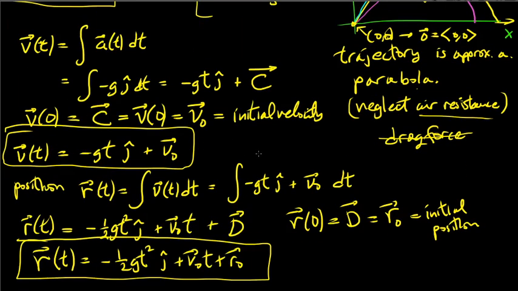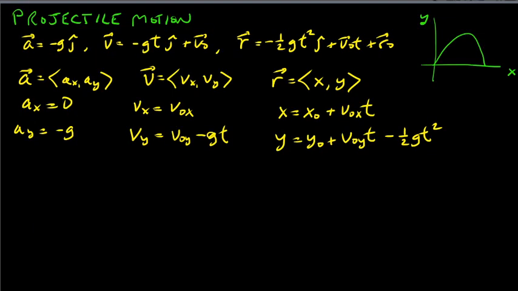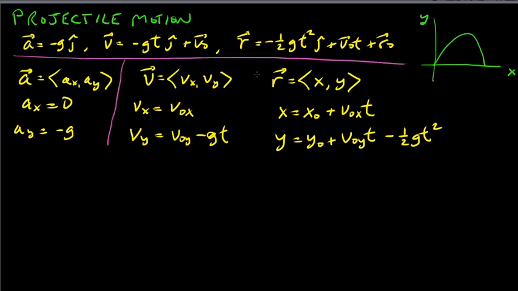Before we do that, I'm going to start over with these equations, but write them in their component form to make it a little easier to visualize. We're still talking about projectile motion, and at the top here I wrote the vectors that I just had before, but then I split them up into their components. Now, I know the book would not like this, because typically they would write the components as v1 and v2 rather than vx and vy.